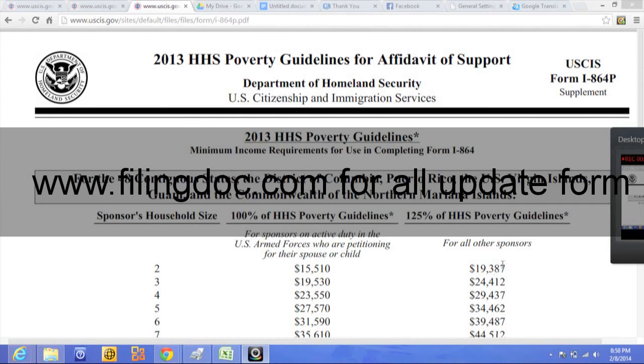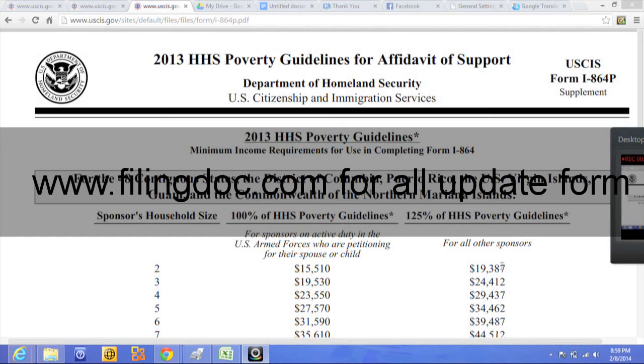It should be that or above. If it is under this amount, that means you don't have enough money. You will need to use another way. There are other ways. You can use assets, we will talk about it. You can use people in your household size, and you can use a sponsor.